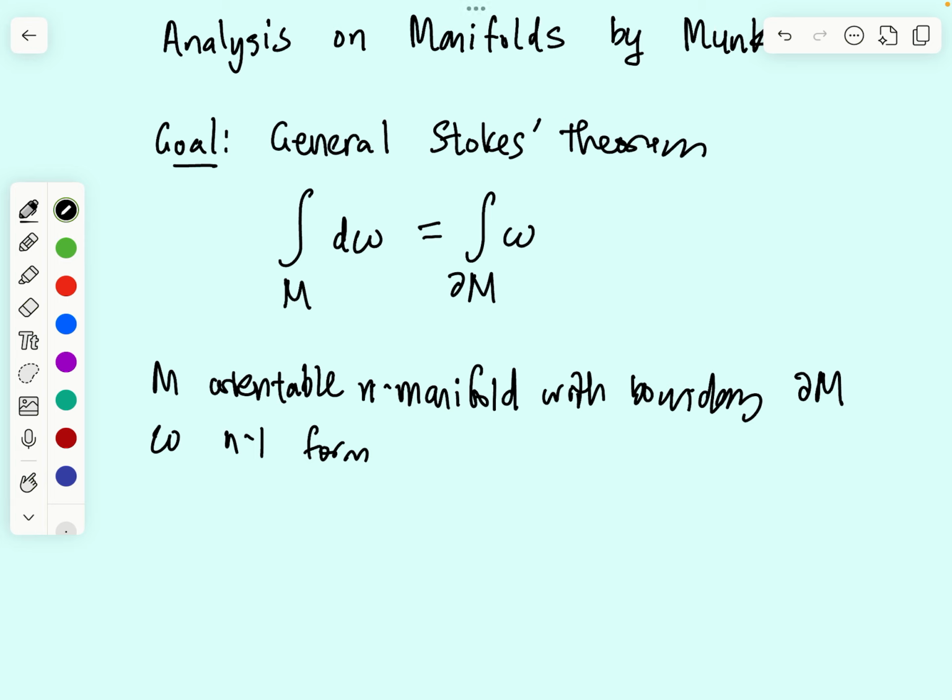So that's basically what we're going to discuss, and we're also going to discuss what this has to do with multivariable calculus. And in multivariable calculus, which I'm assuming you're familiar with, you learn these theorems like Green's theorem and Stokes' theorem and the divergence theorem.